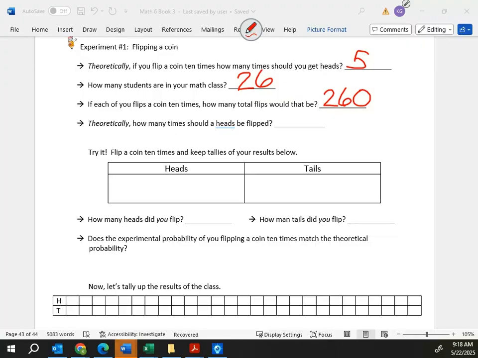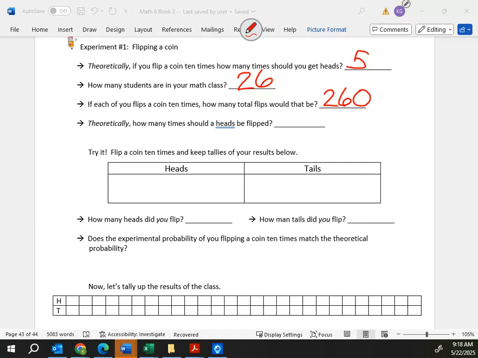If the whole class is flipping coins and we have 260 flips, theoretically, how many times should heads be flipped? Emma? 10. We have 260 flips happening. If 260 flips happen in this classroom, how many of them should be heads?